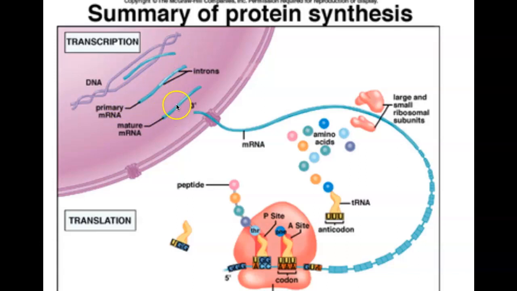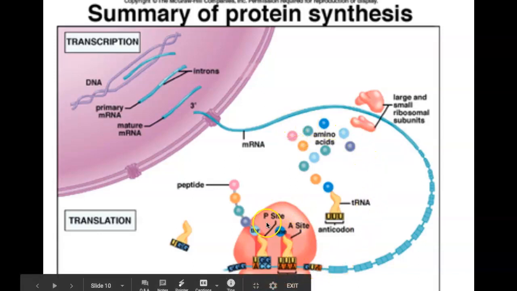But once that RNA is ready, it's going to leave the nucleus and come out into the cytoplasm, where translation is going to happen. And in translation, again, we have all this process going on. You don't need to remember these processes step by step, but I'm just refreshing your memory on what's going on here. We have this mRNA that comes out, and it's read by our ribosomes.